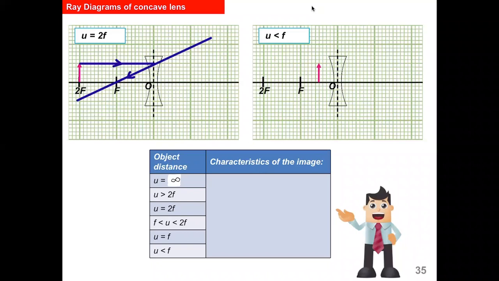And since it is refracted in front, on the same side as the object, it is a virtual image.